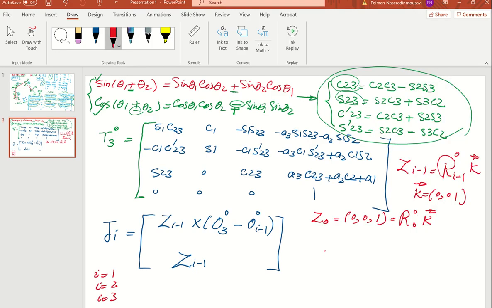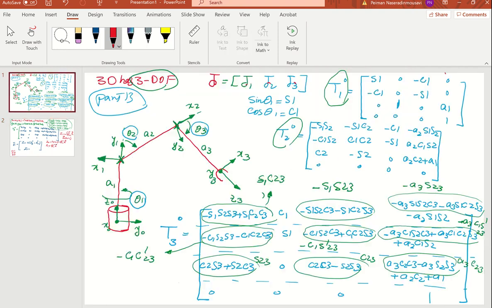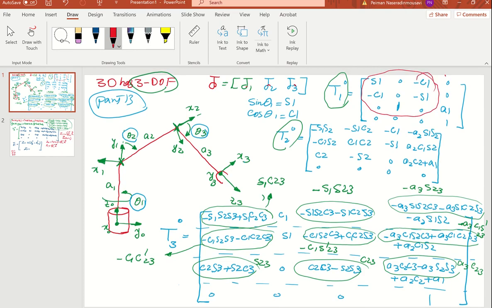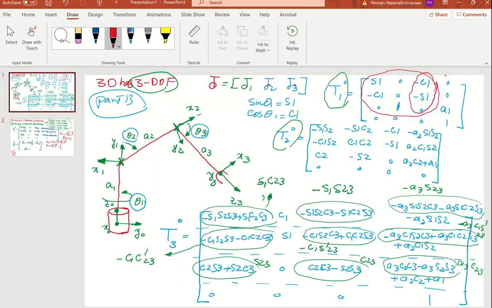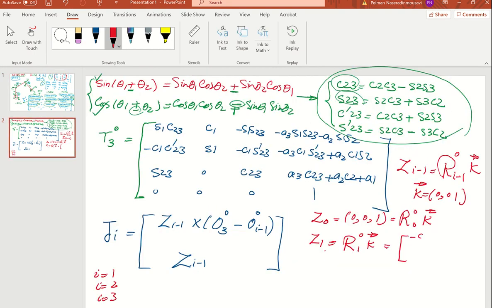Here we go. So Z1, as I told you, is R1 with respect to 0 times K. And as we did in the previous class, R1 with respect to 0 is this. If you multiply it by K, this is gonna be your Z1. I did it in previous classes, right? So it's gonna be your Z1 that you have to put here: minus cosine 1 minus sine 1 0, minus cosine 1 minus sine 1 and 0.